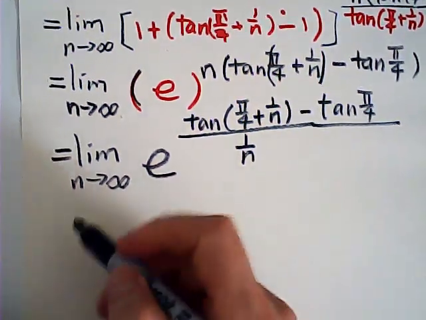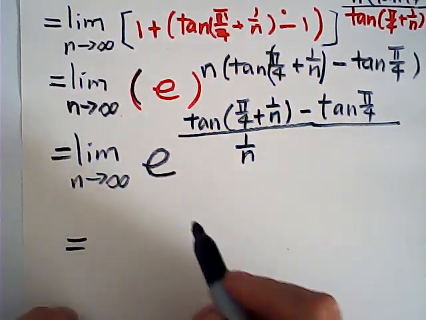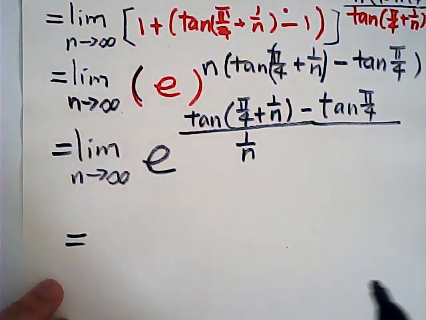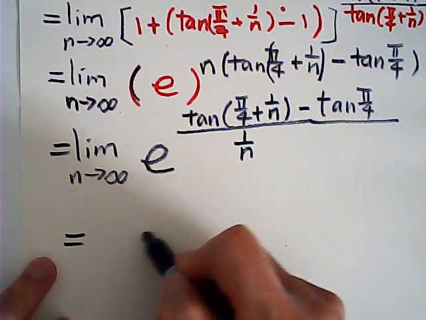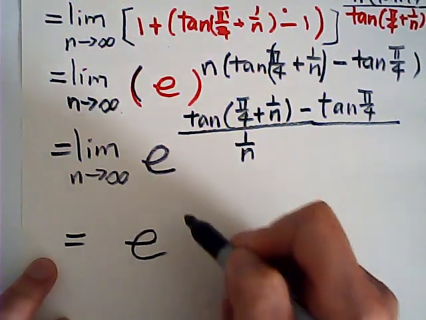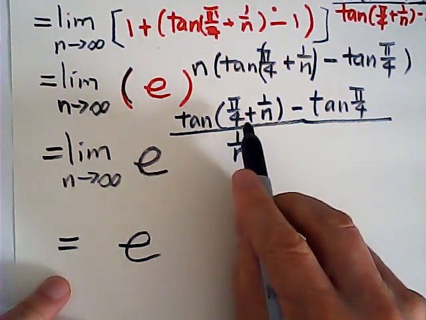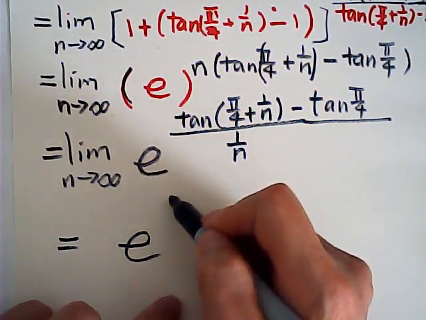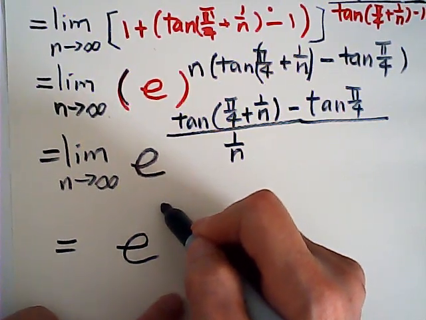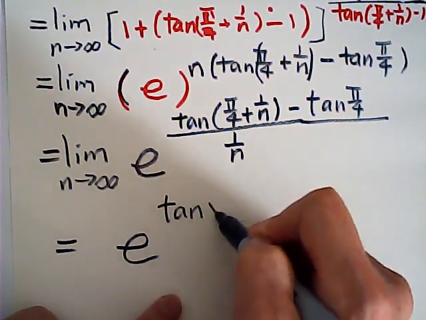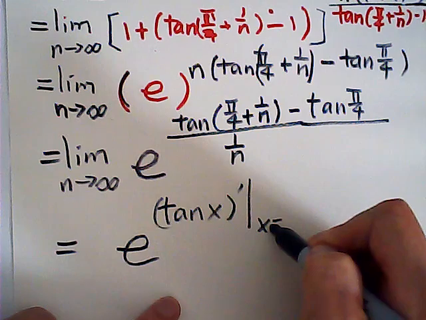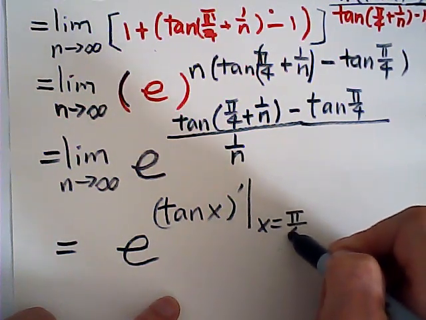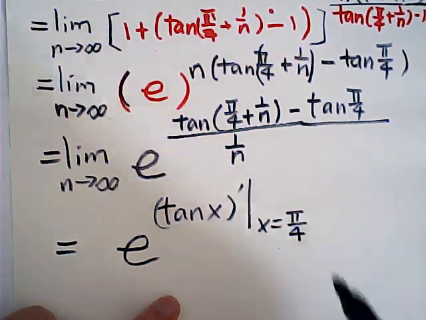Therefore, this looks like e to the derivative of tangent x at x equal to quarter pi, right? Yeah, that is exactly it.